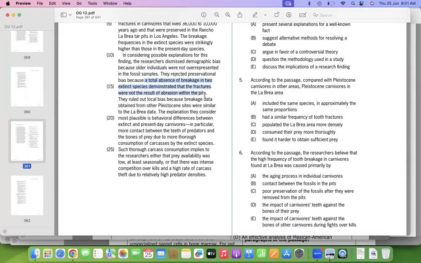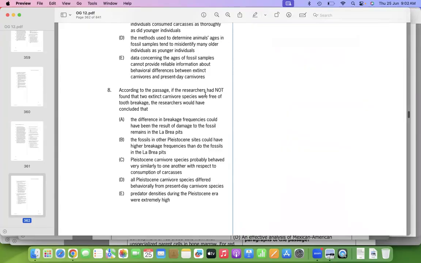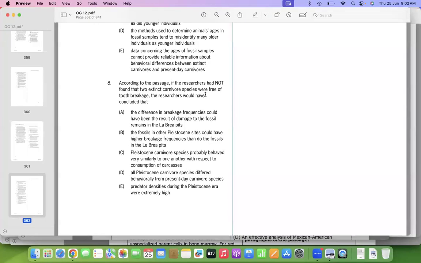This proved to them that the fractures were not a result of how it had been preserved. So if they had not found that evidence, they could have attributed the breakage to what? To damage to the fossil remains? How the fossils had been preserved? That's why it's A. Now they can't attribute it to fossil damage.